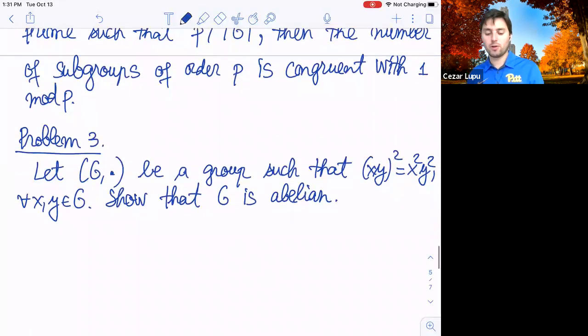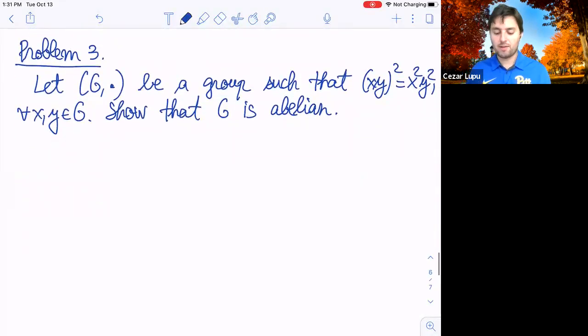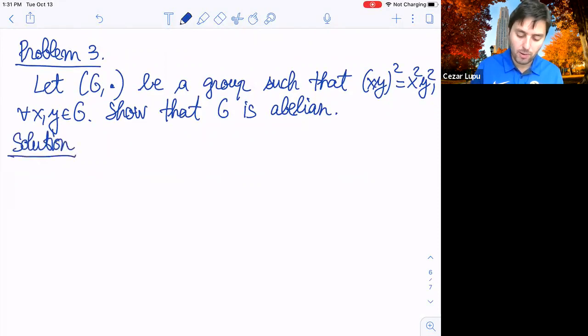All right, I want you to look at it, and then we'll do another problem where we actually see how to apply Lagrange's theorem. And perhaps I'll do one more problem with some operations in a group. This is actually very simple.